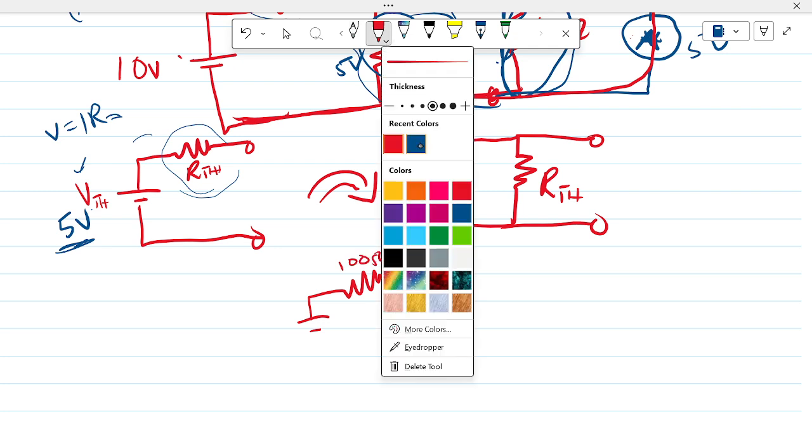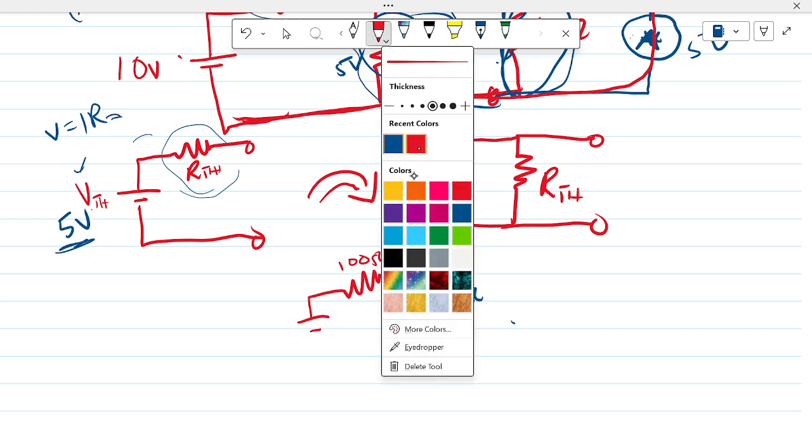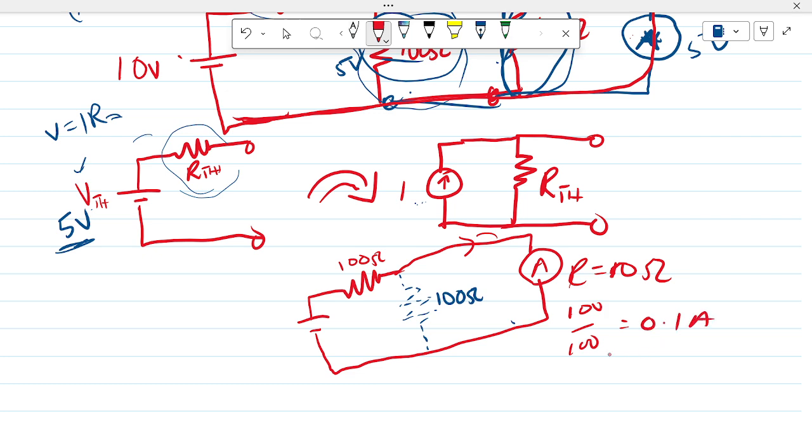So this guy gets shorted out by the ammeter, which has a resistance of 0 ohms ideally. That's why it shorts that guy out. Okay, so you can calculate the current through this as 10 volts over 100, and that's 0.1 amperes, and that becomes our Norton's current, 0.1 amperes.